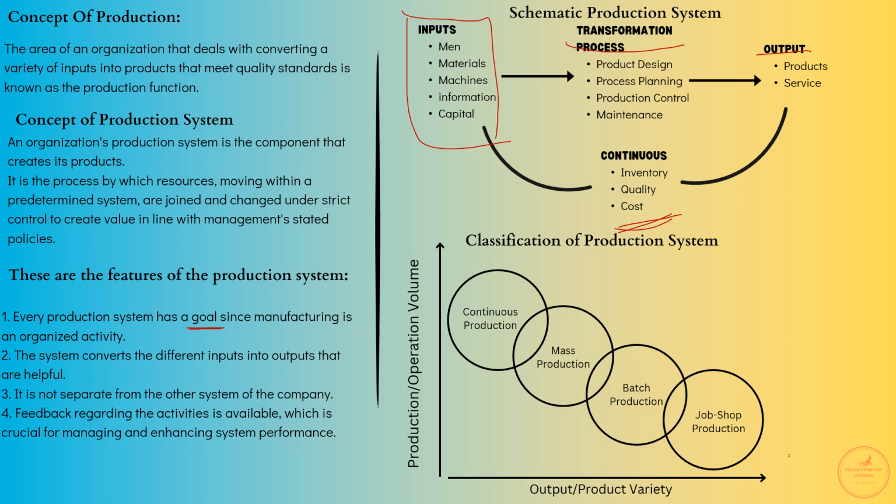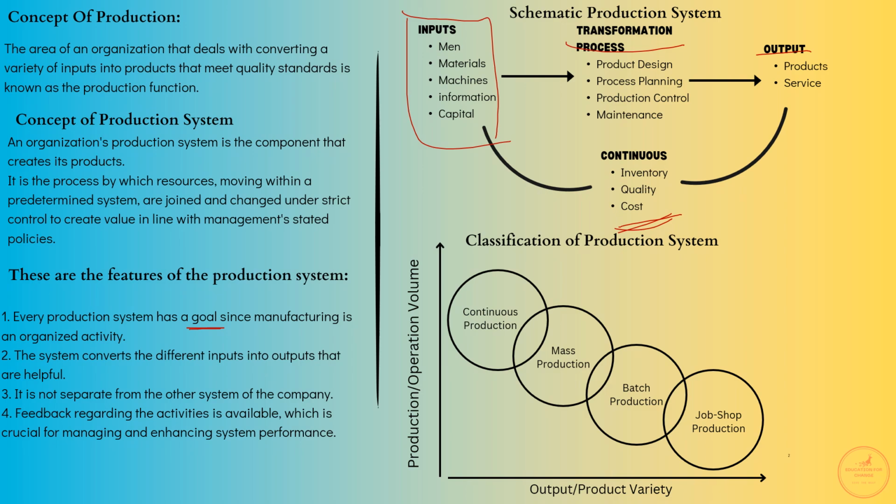That means the system transfers the various inputs to useful output. Third, it doesn't operate in isolation from the organized system. It's not a separated system from the company, it's a system inside the company. And last one, feedback regarding the activities is also available, depending on the performance.